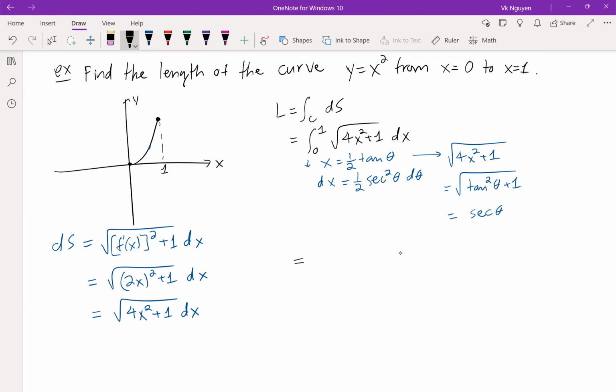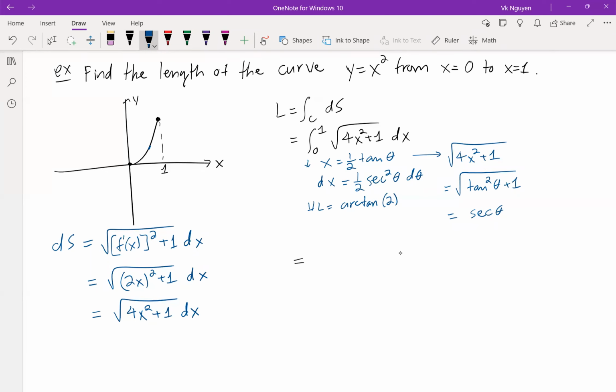Okay. With the trig sub, we have to change the limits too, because we have an upper limit and a lower limit. Upper limit would be, tangent theta is 2x, so that means the arctangent of 2, if you plug in x equal 1.